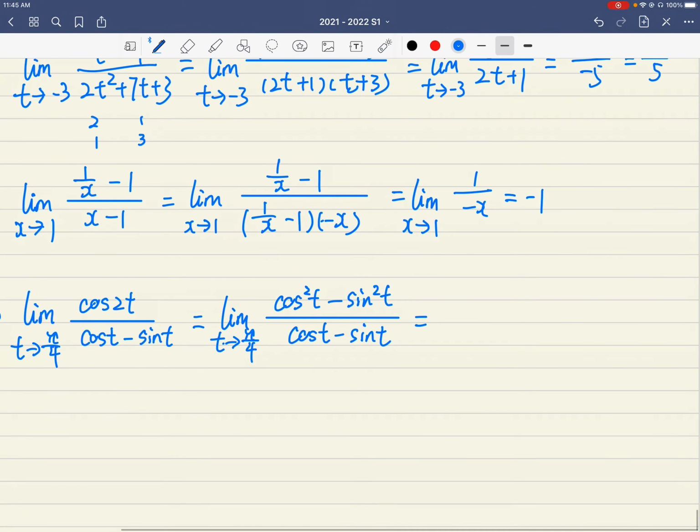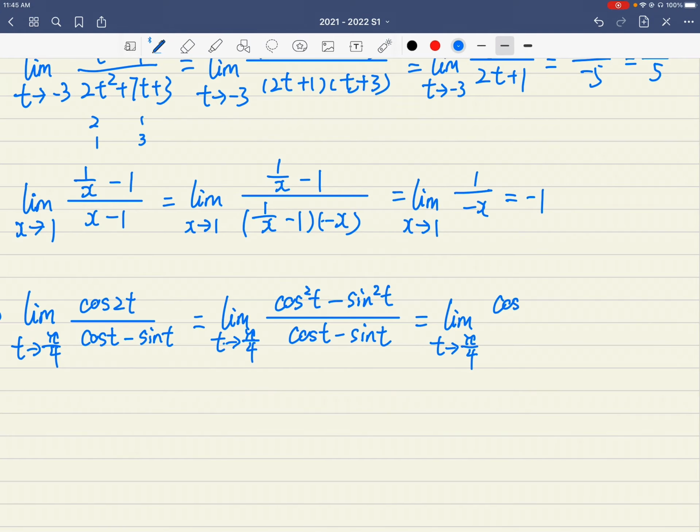So it's just cosine t minus sine t times cosine t plus sine t, over cosine t minus sine t.